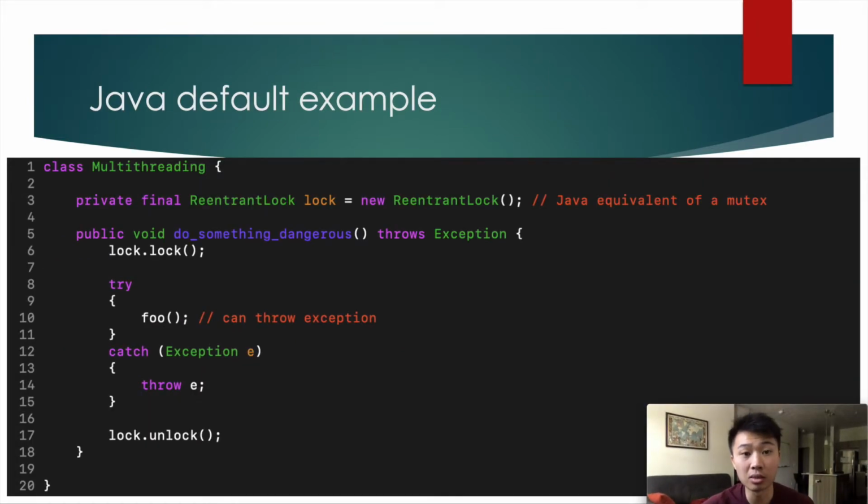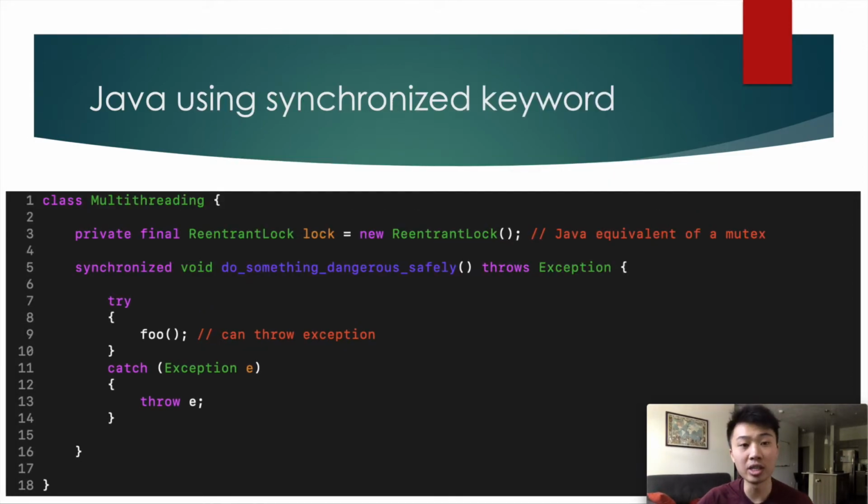Now let's look quickly at the Java example. It looks very similar to the other two examples we looked at. On line 3, we create something called a reentrant lock, which is just like a mutex. On line 6, we lock. On line 17, we unlock, and we have that try-catch statement in the middle there. The way that Java handles this problem is with something called the synchronized keyword.